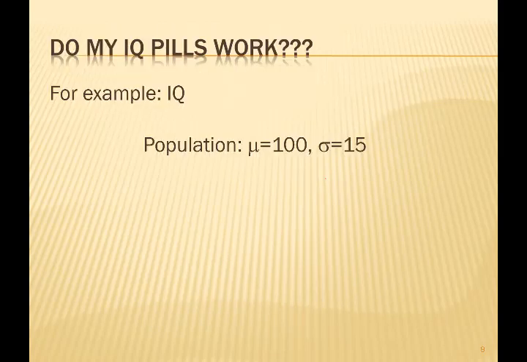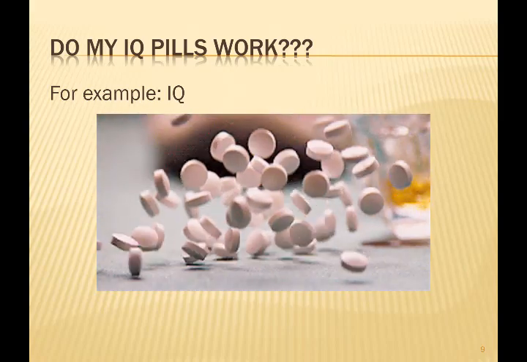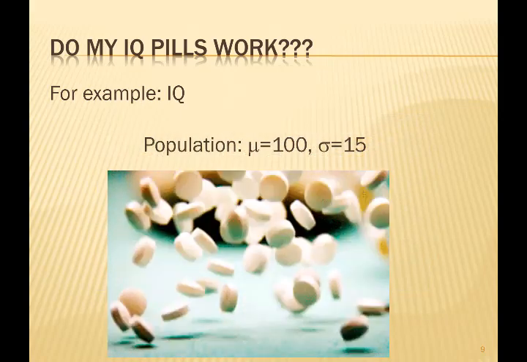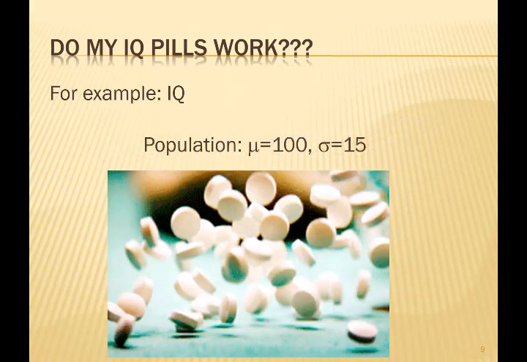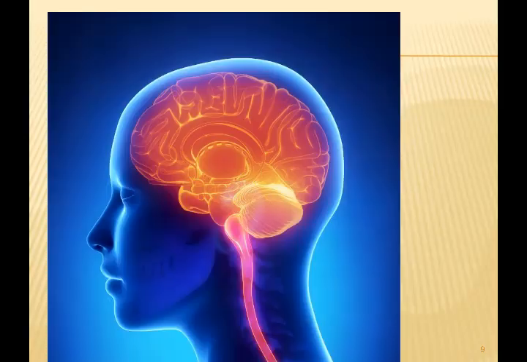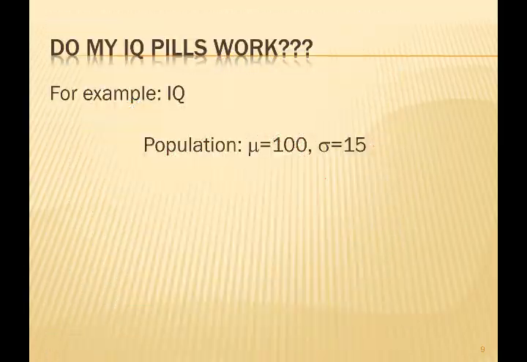Here's a question: do my pills work? IQ pills, right? So let's assume that with my spare time, I like to work with chemistry and put some chemicals together to enhance or increase one's IQ level, right? So we know that in the population, the mean, or the population mean, or the true mean, is 100, with a standard deviation of 15.